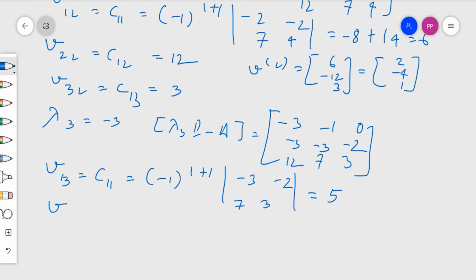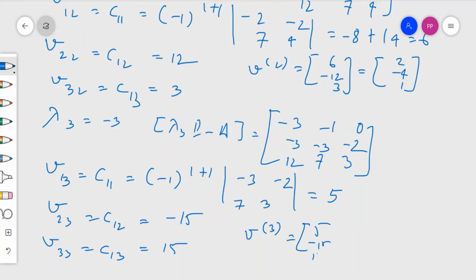Similarly, V23 equals C12 equals minus 15, and V33 equals C13 equals 15. So from here we get V3 equals 5 minus 15 and 15. So this is equal to 1 minus 3 and 3.